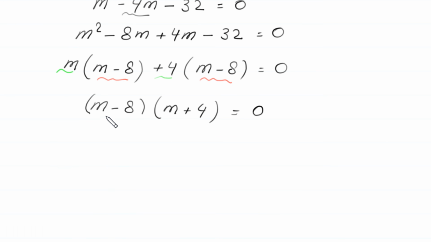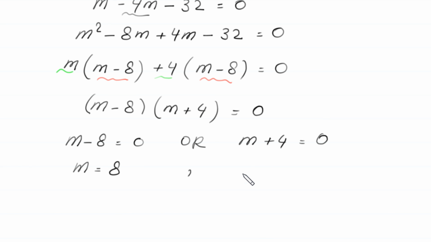Now from here either this expression m minus 8 is equal to 0, or this expression m plus 4 is equal to 0. From this equation we get the value of m is equal to 8, and from this equation we get the value of m is equal to negative 4.